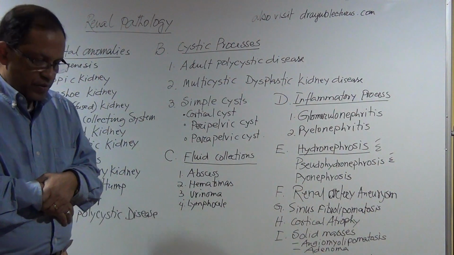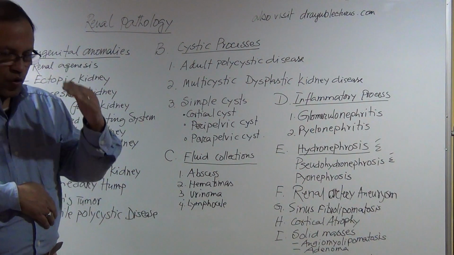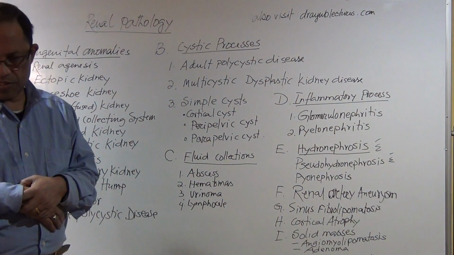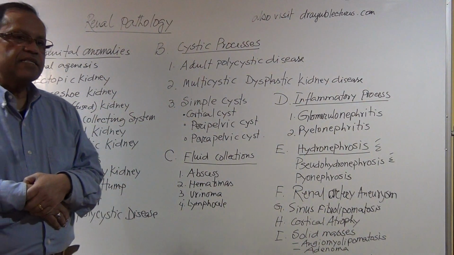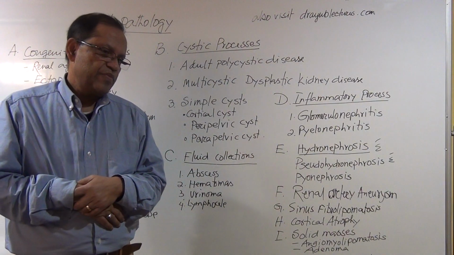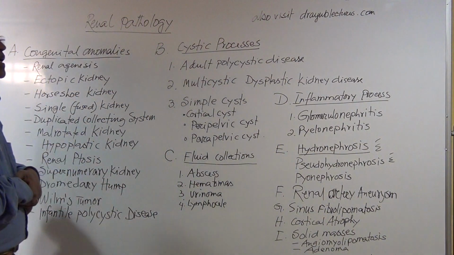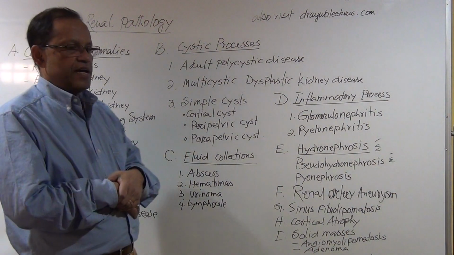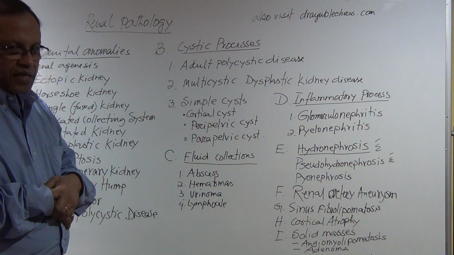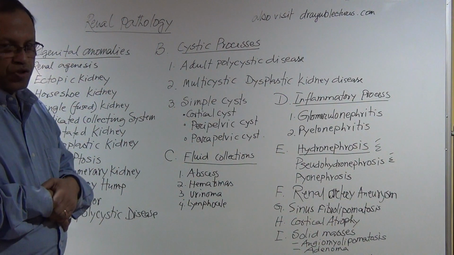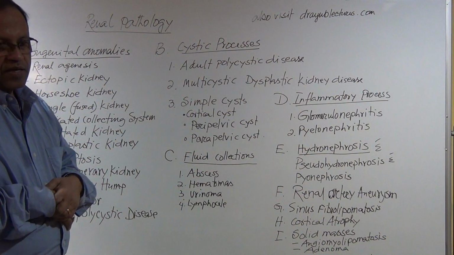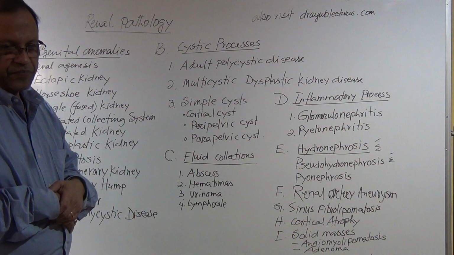So sonographically it looks like a kidney because it has cortex and sinus and a hilum. In that way you can identify the pelvic kidney. But keep in mind that pelvic kidney is usually a little smaller than the normal kidney size.